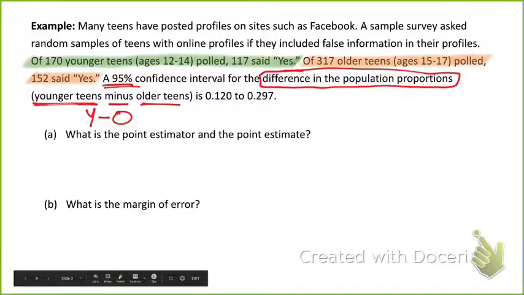The difference in the proportion of the lying, younger teens minus older teens, is 0.12 to 0.297. What that means, guys, is that there is a 12% to 29.7% difference in the proportion of teens that lie, younger versus older. So what is the point estimator?